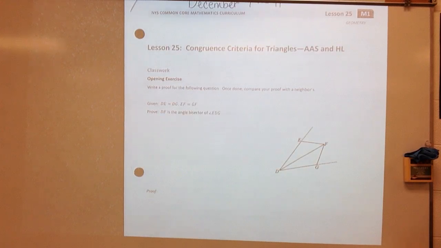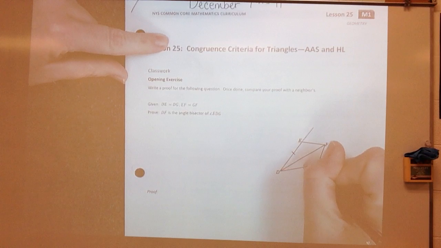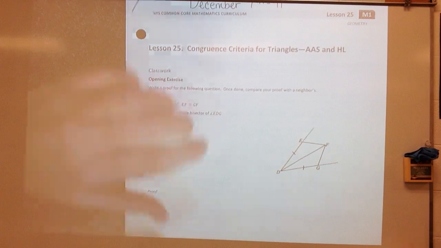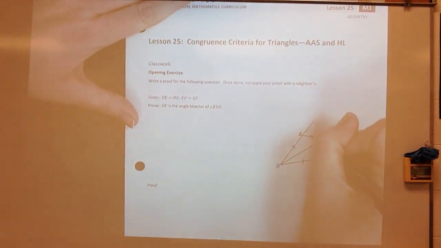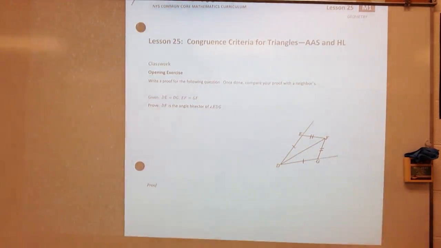It says we are given that DE is equal to DG, and we're given that EF is equal to GF. They want us to prove that segment DF is the angle bisector of angle EDG.